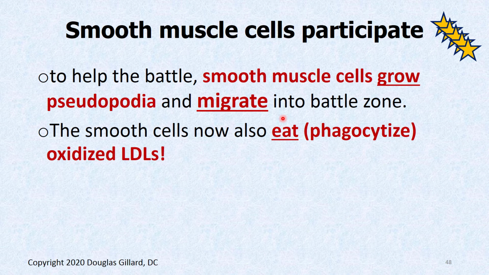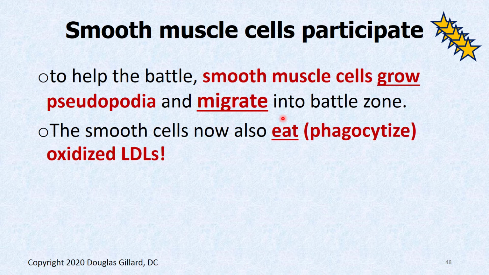And now something amazing happens, and I didn't know this when I went to school, but there's not enough macrophage to eat all these LDLs that are pouring in, and so we need help. Where do we get the help from? The smooth muscle cells, which you think of as just being for contraction purposes. Some genes get turned on in them, and we don't know what the signal is, but they develop pseudopodia, little hands and feet, and they can literally crawl out of the tunica media and crawl into the battle zone, and they can phagocytize LDLs too.